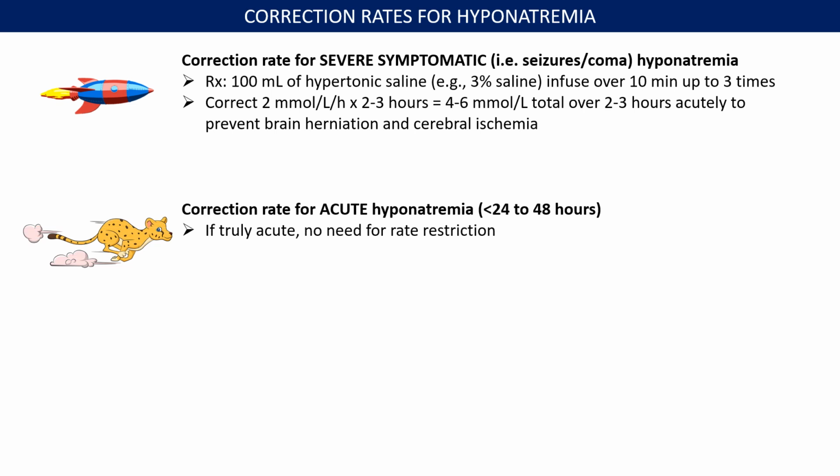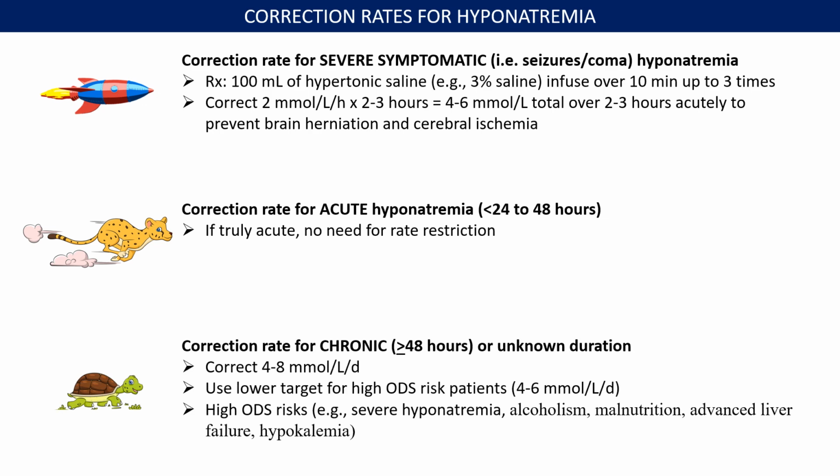For patients who present with hyponatremia occurring within less than 24 to 48 hours, there is no need for correction rate restriction. For patients who develop hyponatremia over 48 hours or greater, or of unknown duration, the correction rate should be restricted to 4 to 8 millimoles per liter per day.